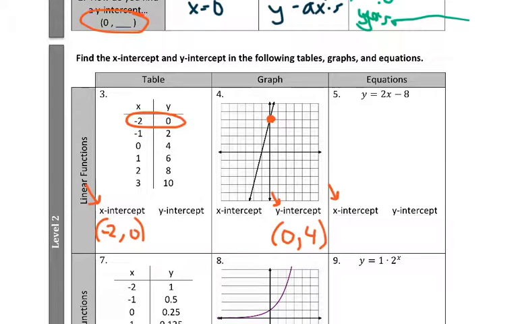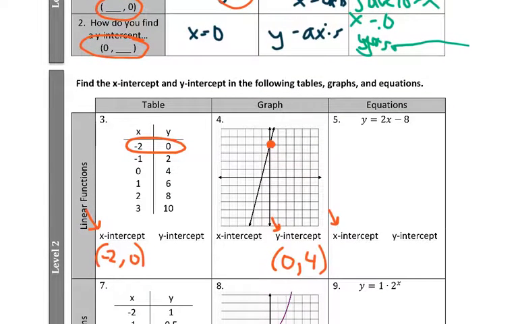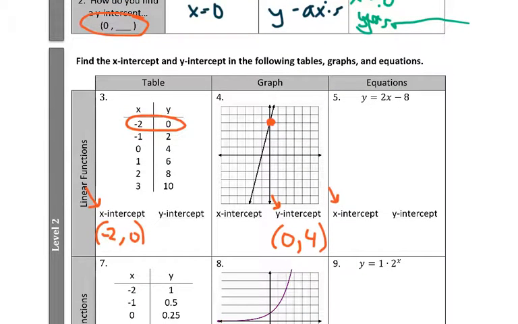And our x-intercept in an equation, we're going to plug a 0 in for y, then solve for x. I'm going to use the space up here. So if I plug in a 0 for y, oh my gosh, box of doom question again. It's like it keeps coming back to us. Almost like I had this planned. Box of doom: x is being multiplied by 2 and subtracted by 8.